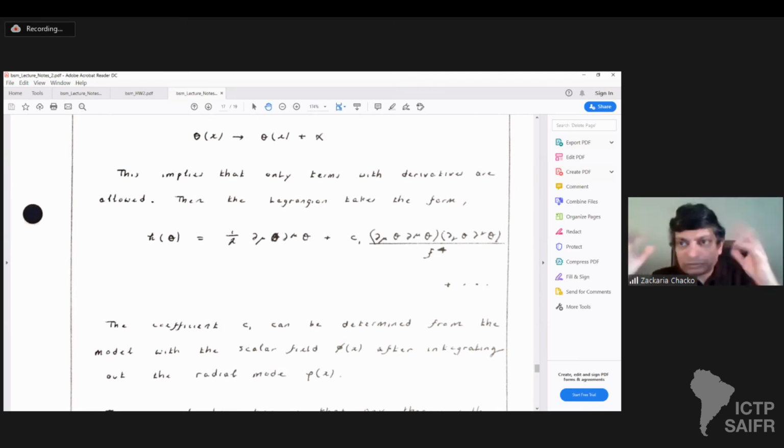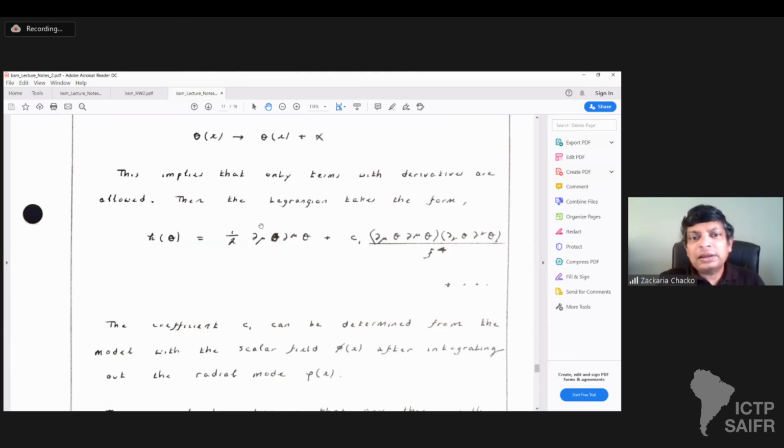Any theory, it could be a strongly coupled theory, whatever, that leads to the breaking of a global U1, so that the only light field is a Goldstone boson, in any theory like that, the Goldstone boson is going to satisfy this kind of shift symmetry.